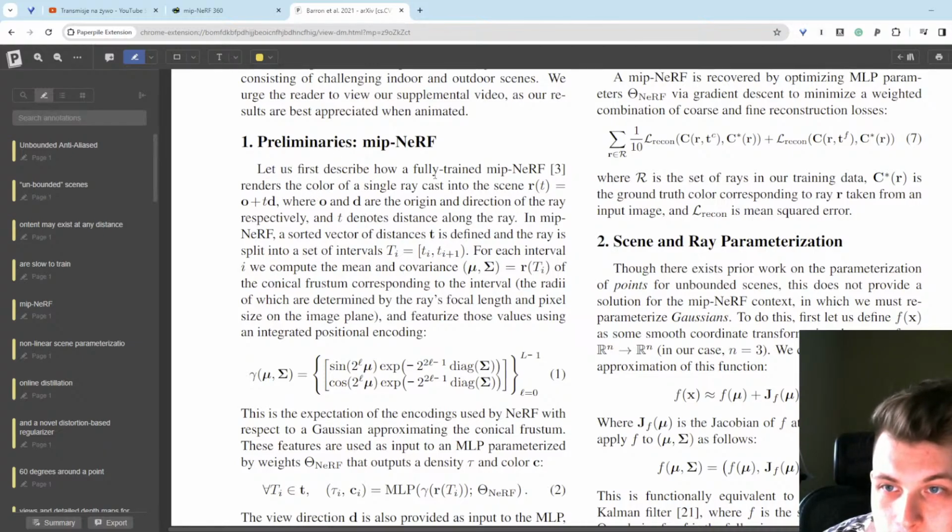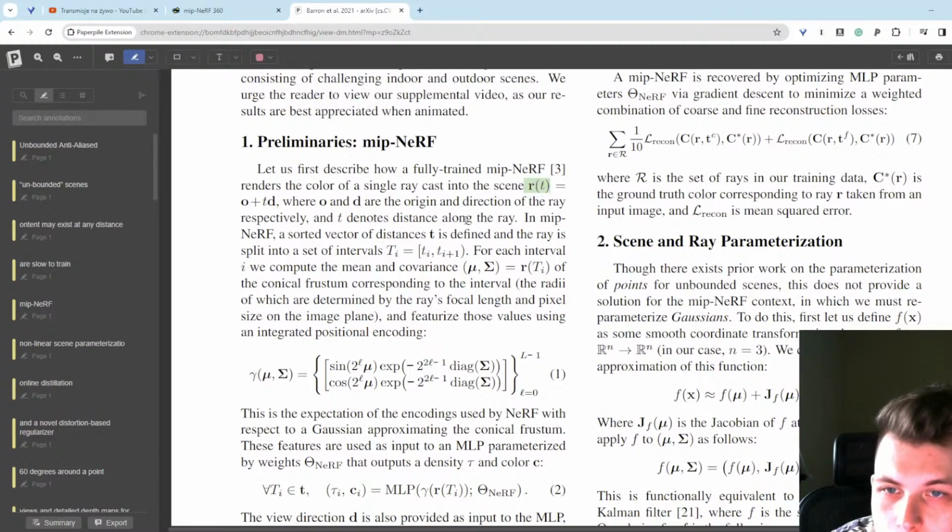Let us first describe how a fully trained Mip-NeRF renders the color of a single ray cast into the scene, r(t). This is the origin, and this is the length t along the displacement d, the direction of the ray respectively. t denotes distance along the ray, exactly.